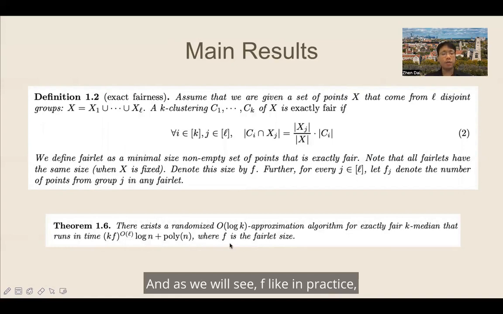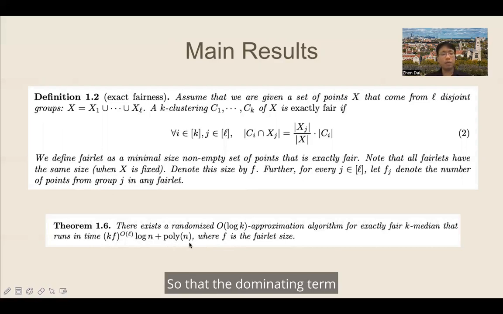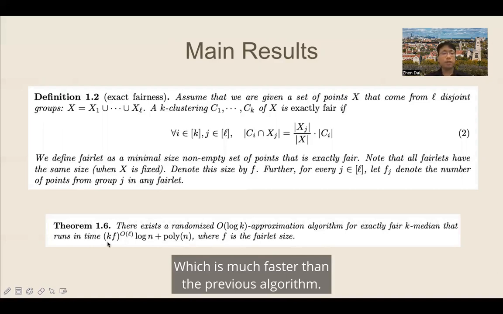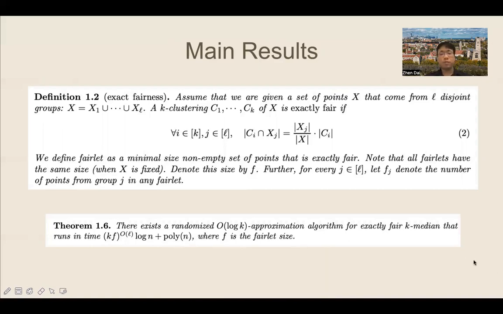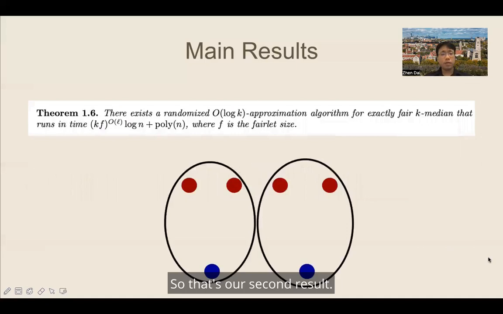And as we will see, f in practice is usually very small compared to n. So we can safely take it to be a constant sometimes, so that the dominating term in this sum is poly n, which is much faster than the previous algorithm.